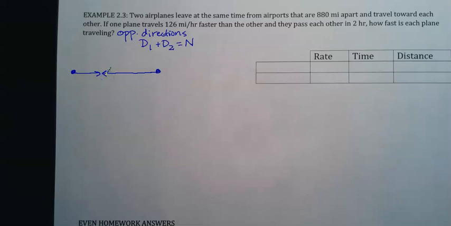But I also know that the total distance between these two airports is 880 miles. That's what they said. They're 880 miles apart. And one airplane travels 126 miles per hour faster than the other, and they pass each other in 2 hours.